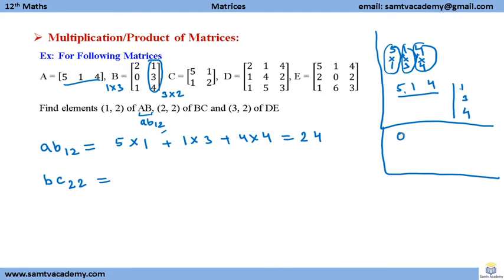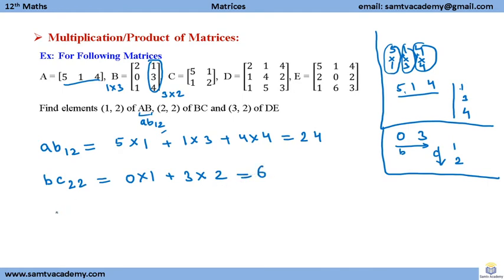The second row is 0 3, and you multiply this row of B with the second column of C. What is C's second column? 1 2. You have to multiply each. So what will it become? It will become 0 into 1 plus 3 into 2. So the answer will be 6.